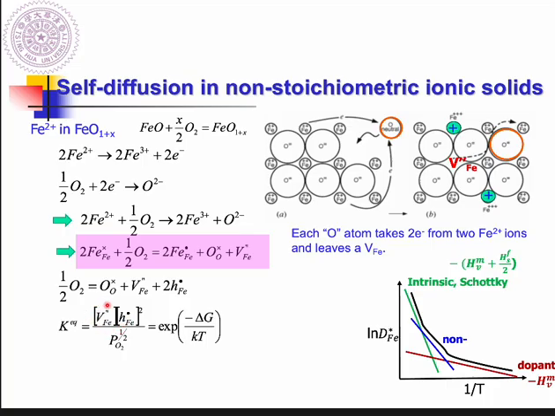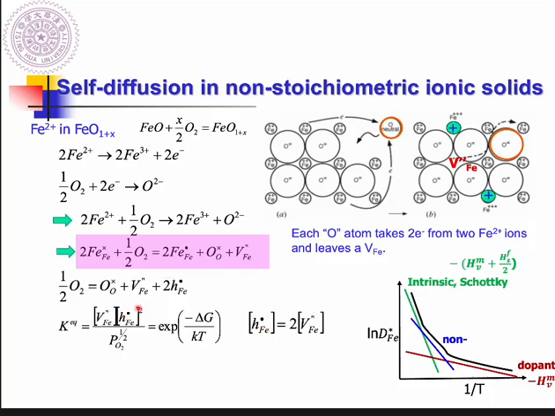So I'm more interested in VFE, so I need to convert or link this in terms of VFE, the vacancy at the iron site. So if you have one V, then you will get two moles of hole. So you got the two here.